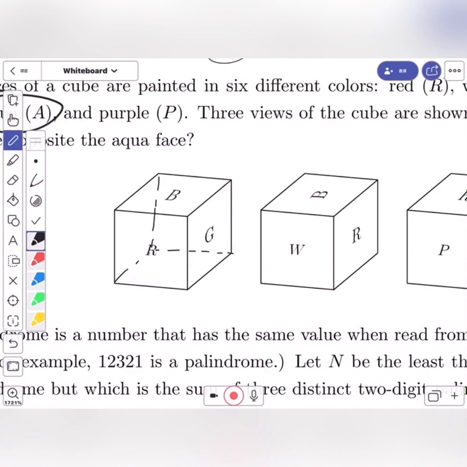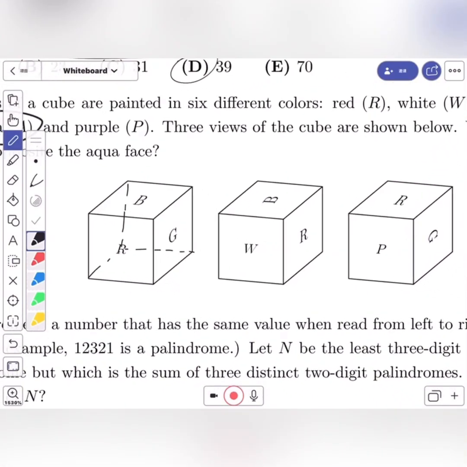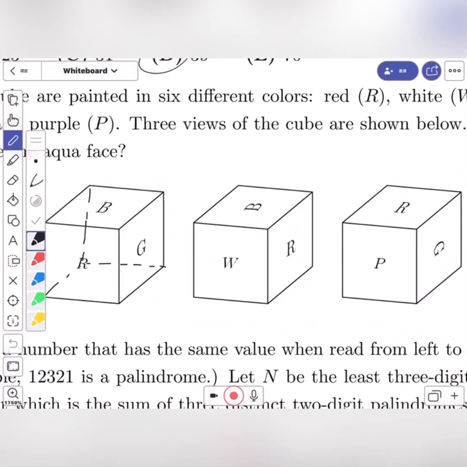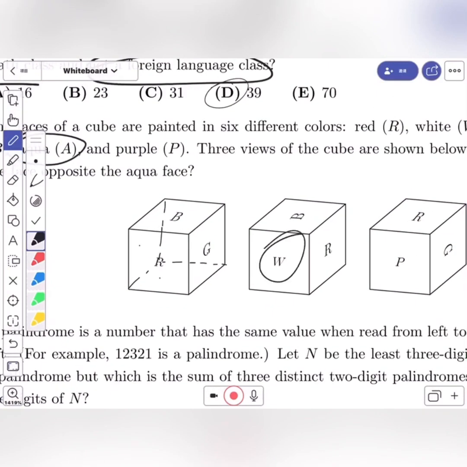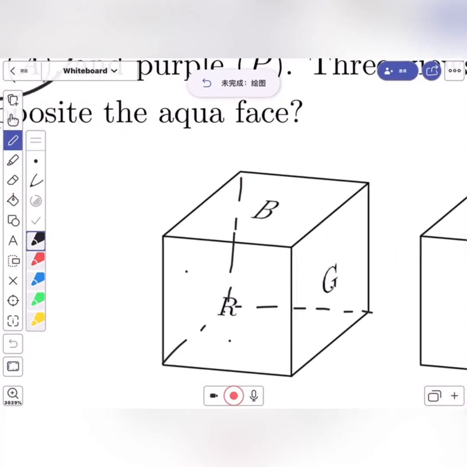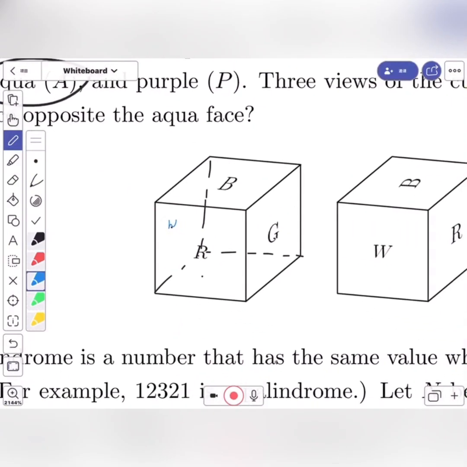If B is here and G is here, now we also know that B and R are adjacent, and there are only 2 faces that are adjacent to both B and R, and we know that W is going to be this one here.